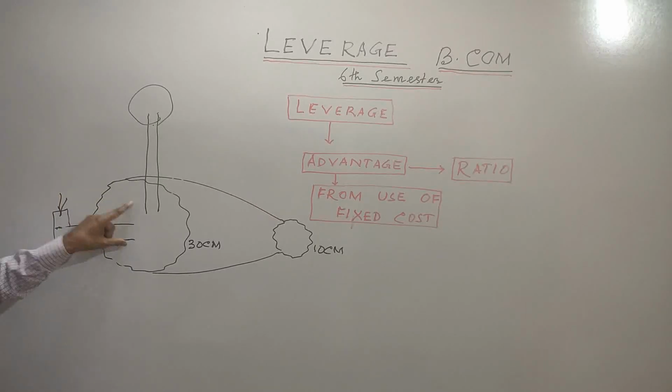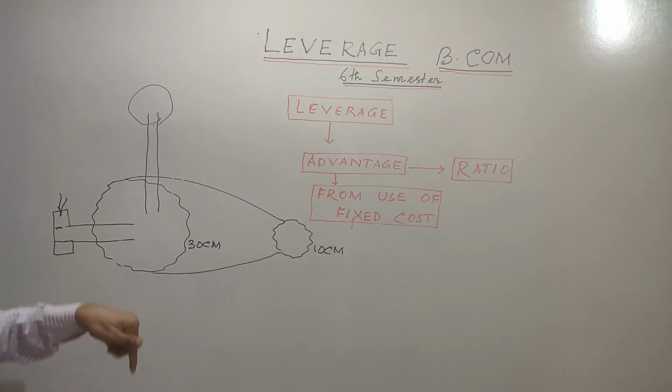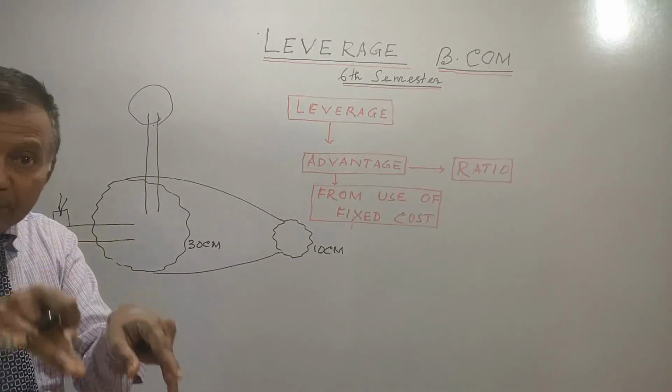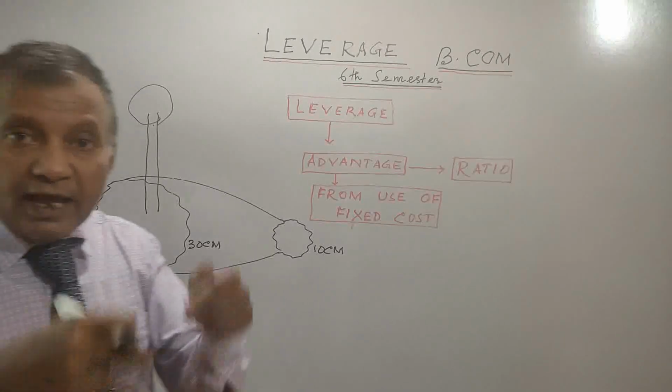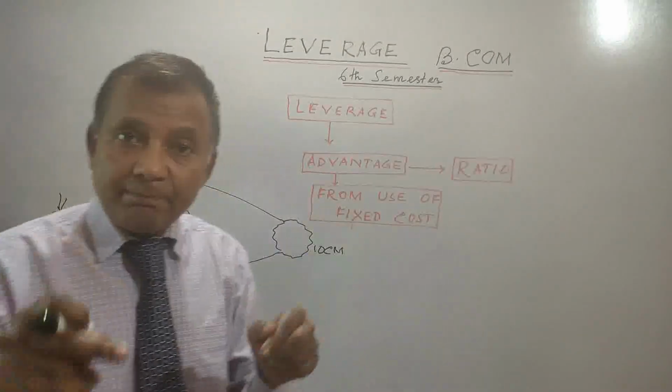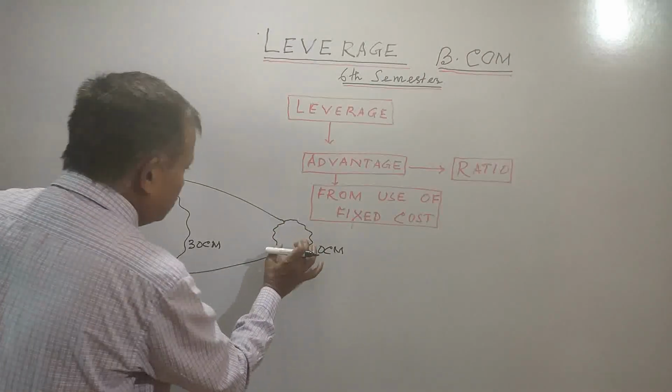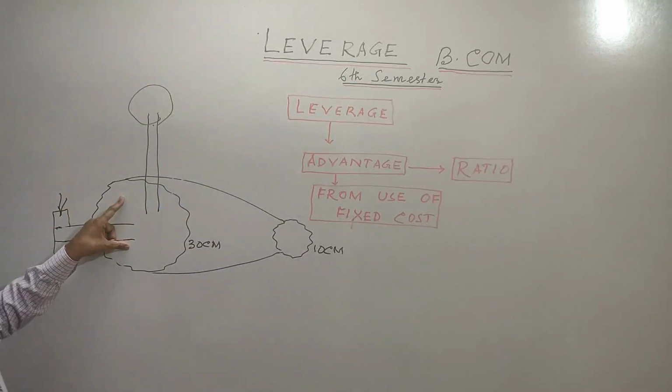So this is our input. Maybe this is a fixed cost, this is input, because here we are applying the force, we are pedaling, we are applying the mechanical force, and the output is 3 times.